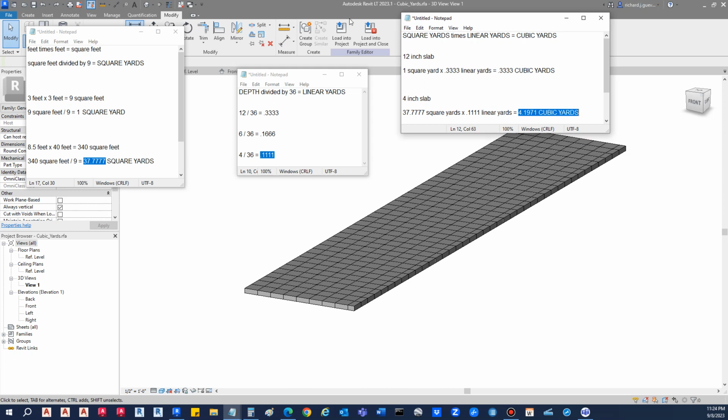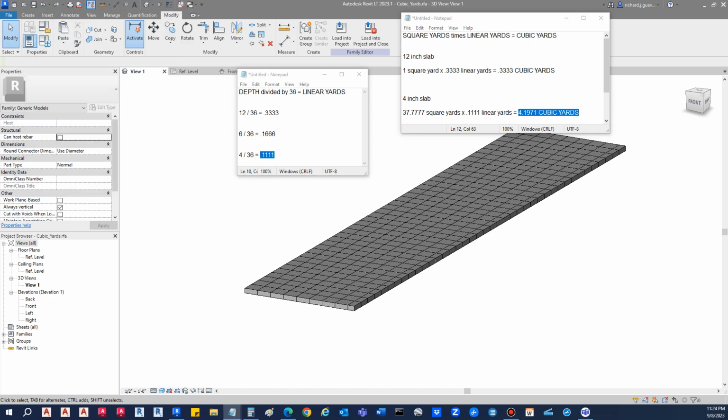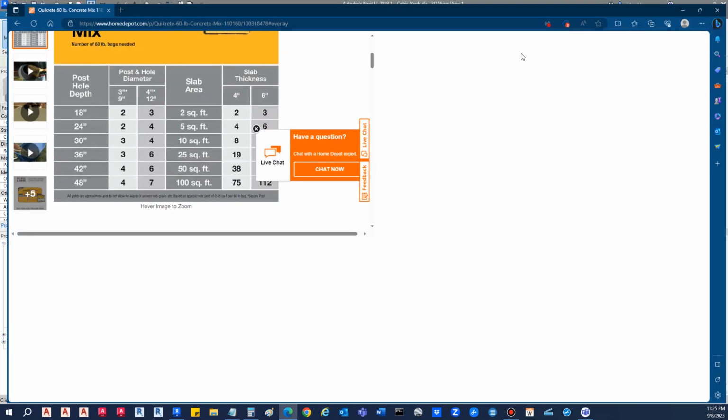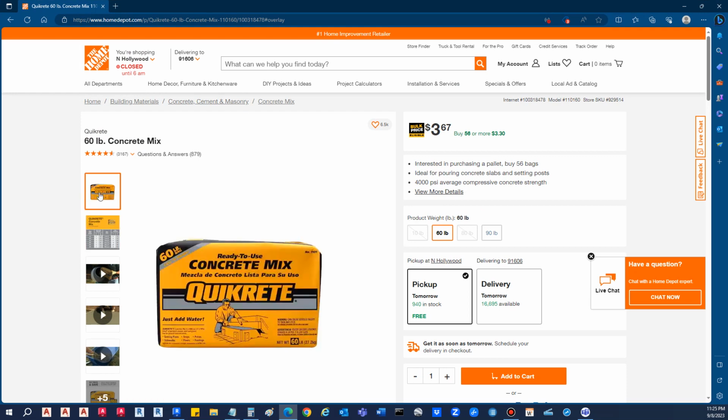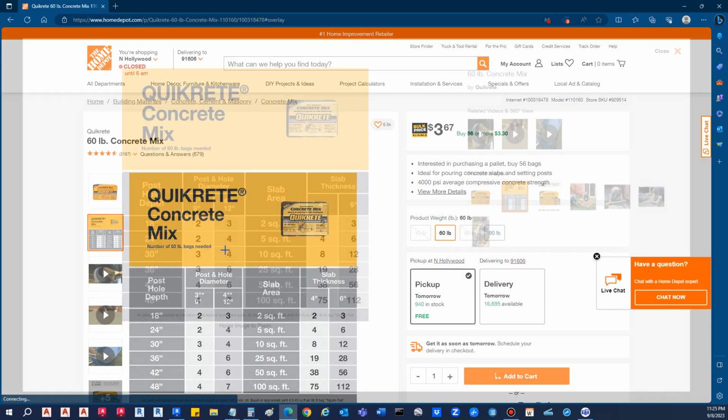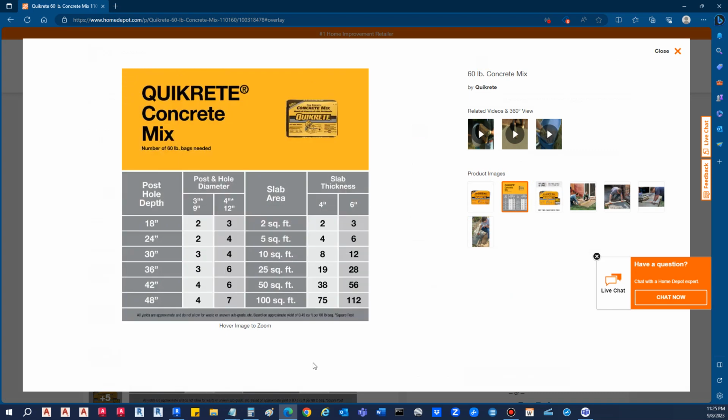If you're getting bags from Home Depot, that's actually easier. Put these away. And let's have a look. Home Depot, bag of Quikrete. Let's have a look at the label.